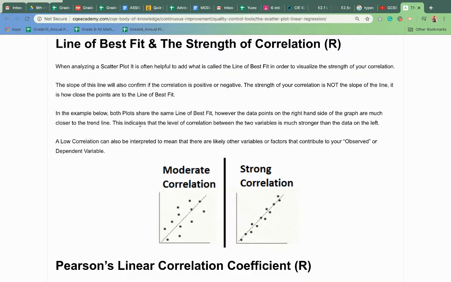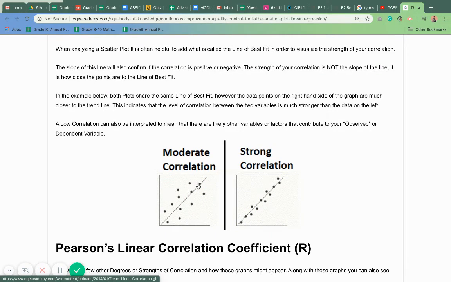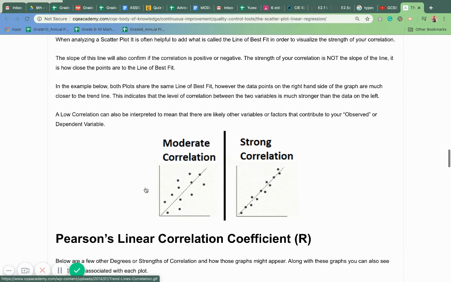Now, what is this line of best fit and where is it used? Whenever you see different points on the scatter plot, when analyzing it, it is very helpful to add what is called a line of best fit, because it helps us visualize what type of correlation it is and how strong this correlation is.